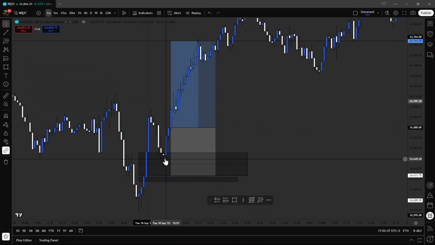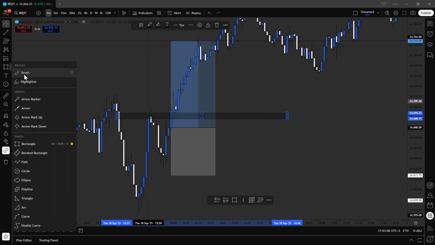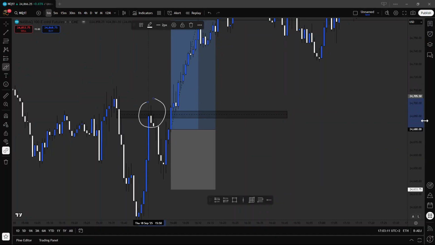Notice how this white candle, the wick of the white candle, did not close below the second and the third. So the imbalance got filled, and also there was a bearish fair value gap, and price went up here, as you can see.